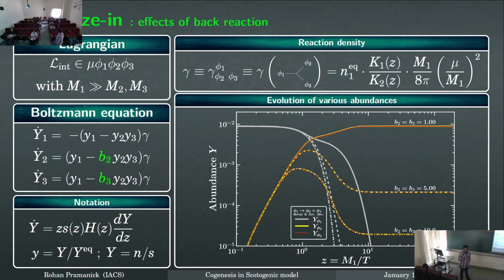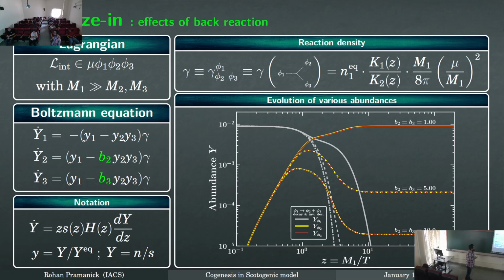So what is this back reaction? The terms with y2 and y3 tell you that the decay products y2 and y3 will sometimes back-react to give you phi 1. In much of the literature, you will see that the phi abundance has been computed without writing this phi 1 term.